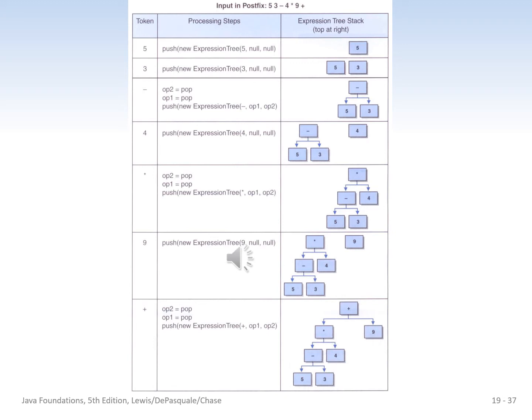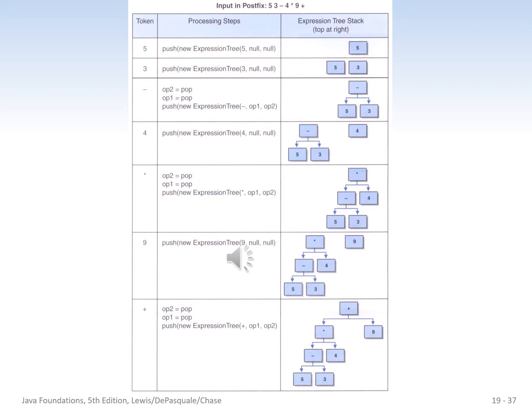The root will be minus, and op1 and op2 will be children. And what that will do is evaluate 5 minus 3. We'll push a new expression tree 4, null, null.